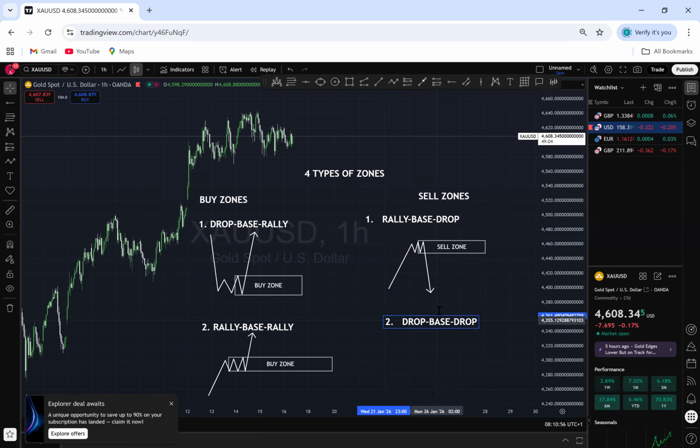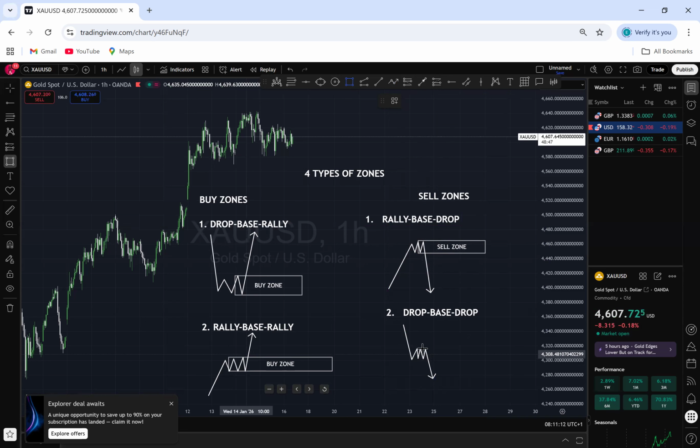Then the second type is the drop base drop. Note, this accumulation, or what you refer to as the base here, the base here, the base here, can be one candle, or it can come in form of multiple candles.